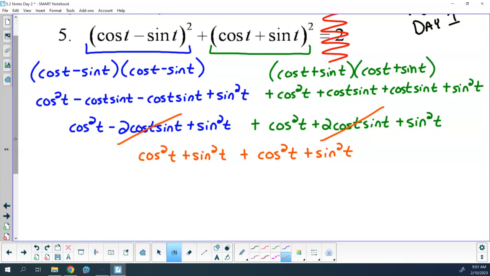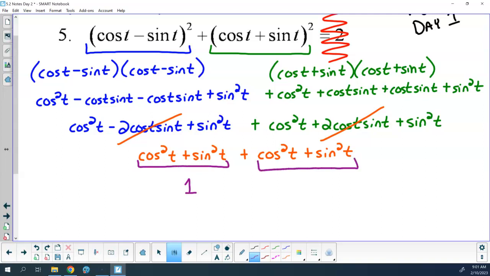Any identity that we can use? The hammer tells us what? That cosine squared plus sine squared is 1. So this is 1.